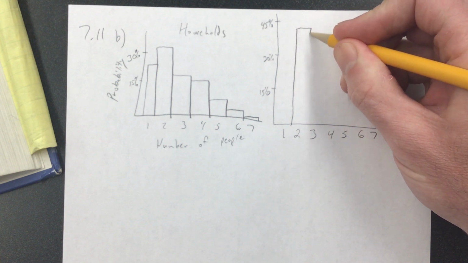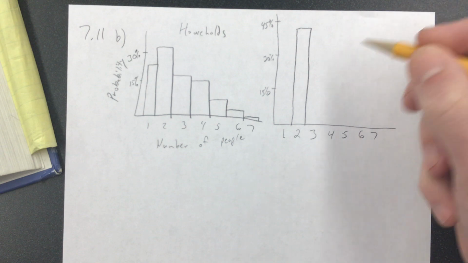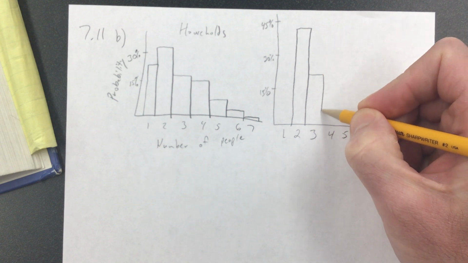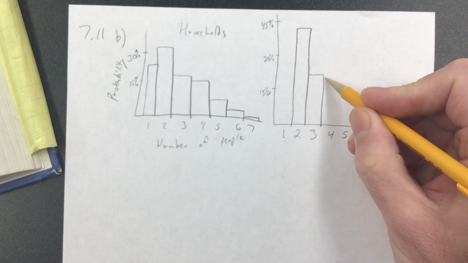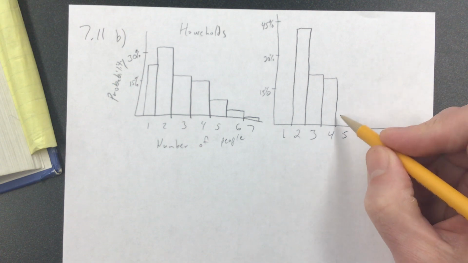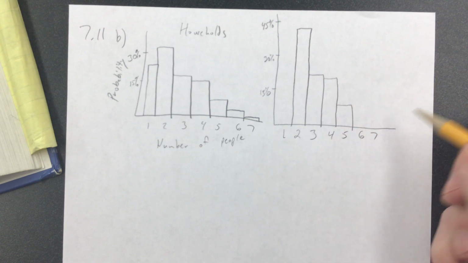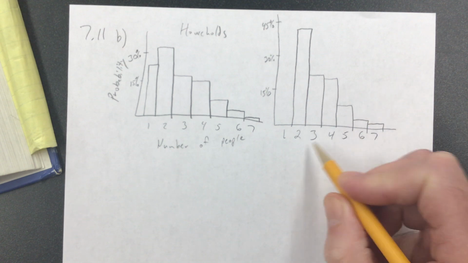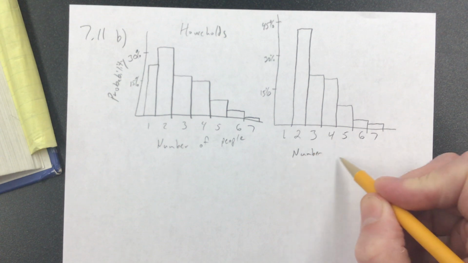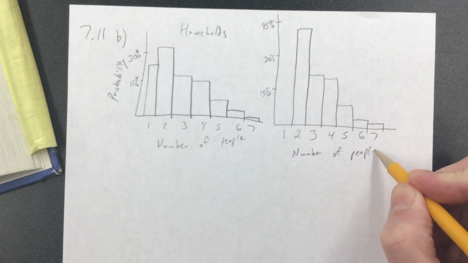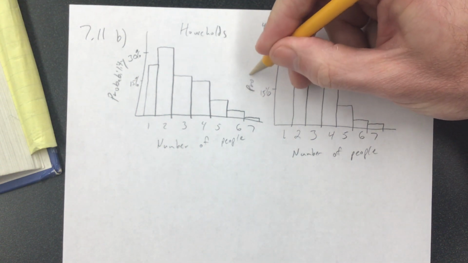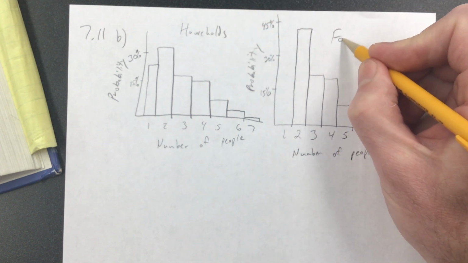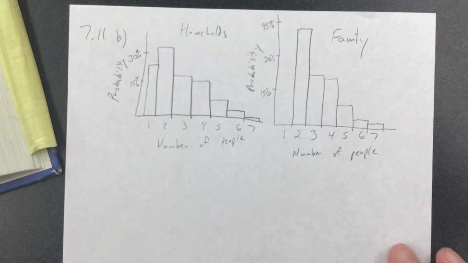And then 23%, something like that. 21%, 9%, 3%, and 2%. And this is family. Okay, so there you go.